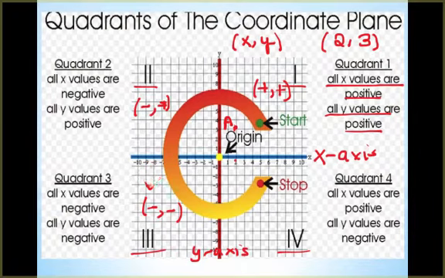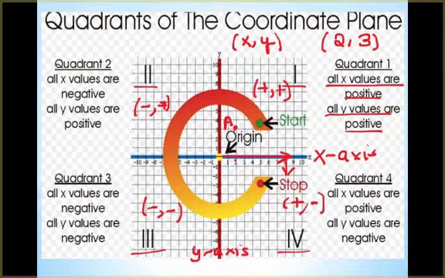And then in the fourth quadrant, our x's are positive because we're going to travel right first, and our y's are negative because then we would travel in a downward direction, and that would make our y values negative.